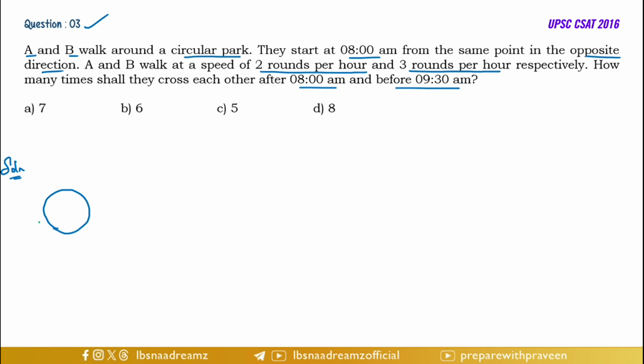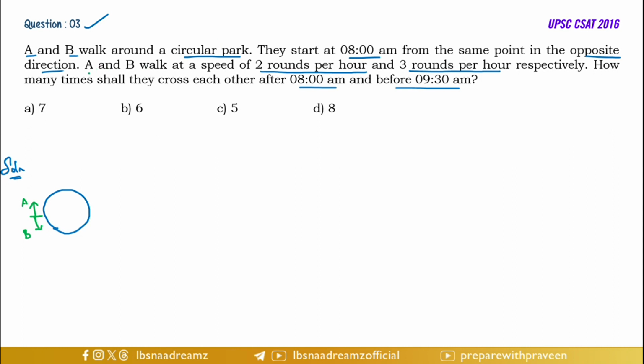They are starting from the same point, but they are moving in the opposite direction. So A and B are walking in the opposite direction, but they have started from the same point.